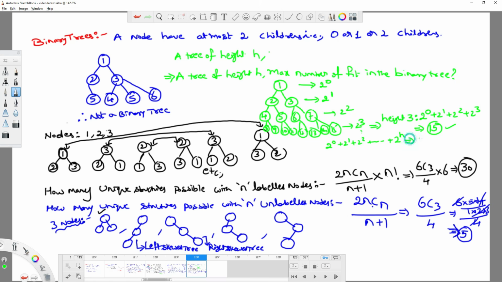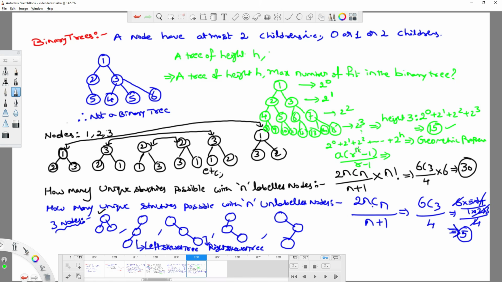These are in geometric progression. If they are in geometric progression, what is the formula you are going to use? You might forget: a into r power n minus 1 by r minus 1. Right? What is a here? A is the first value, 2 power 0, which is 1.